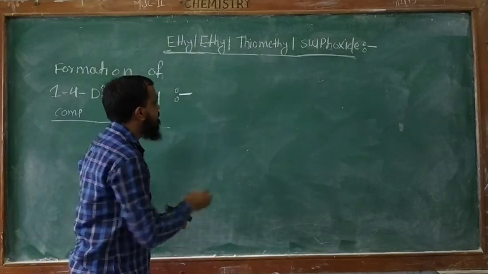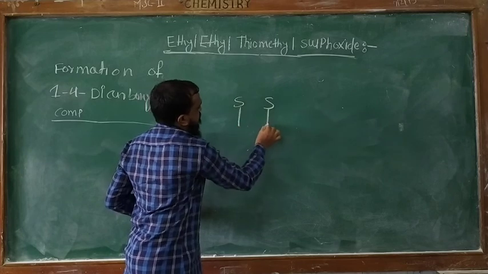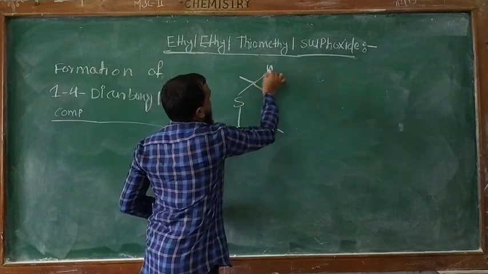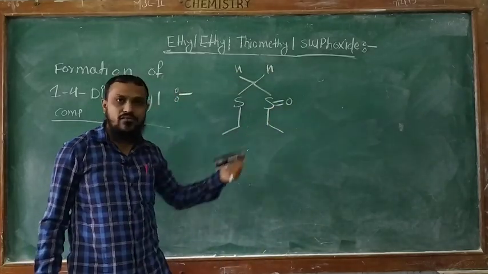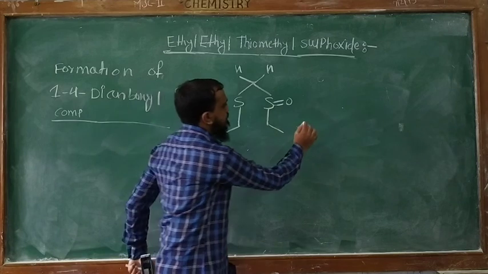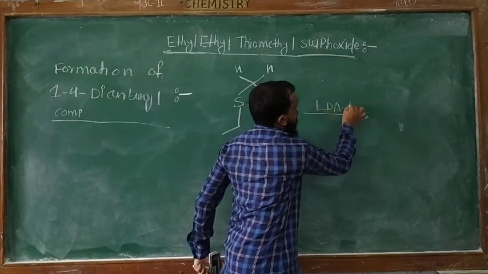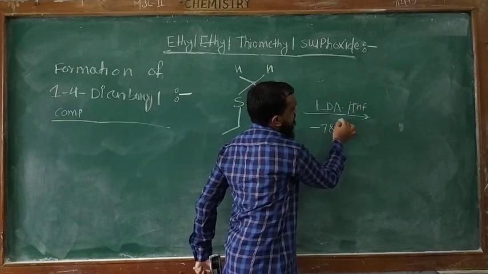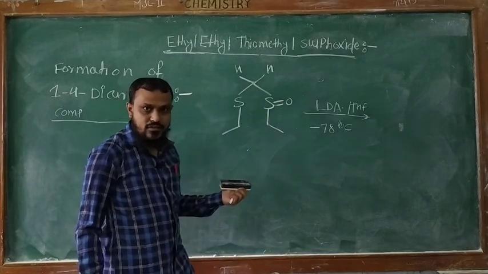Let us see here. This is the structure of ethyl thio-methyl sulphoxide. Okay, it reacts with LDA in presence of THF at minus 78 degrees Celsius. So here deprotonation takes place. LDA is a strong base.